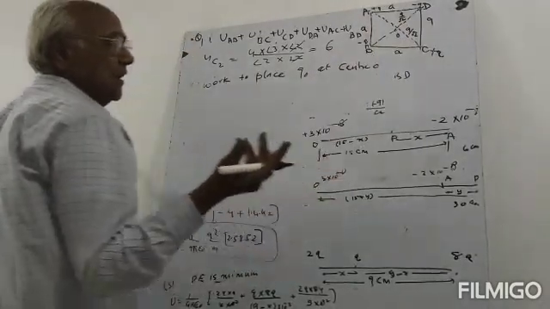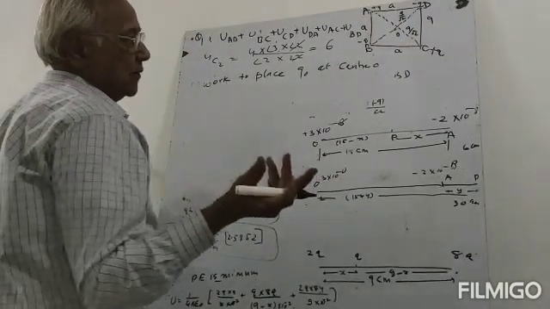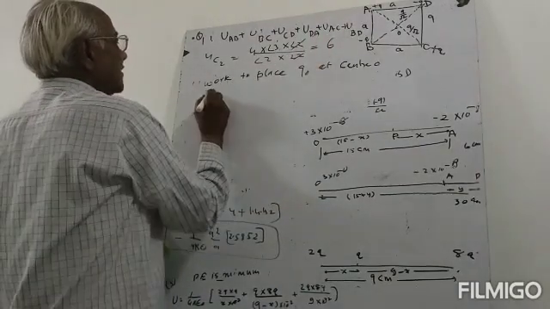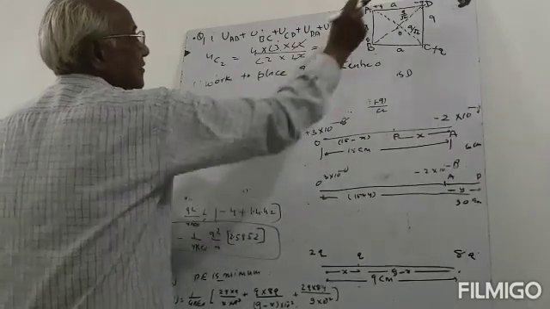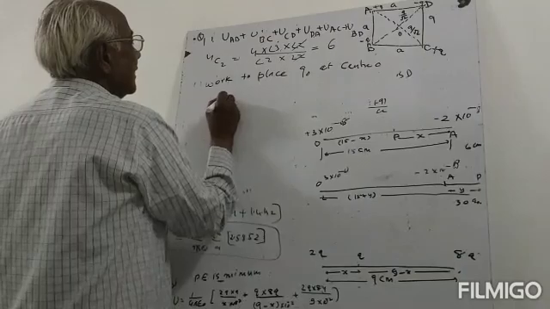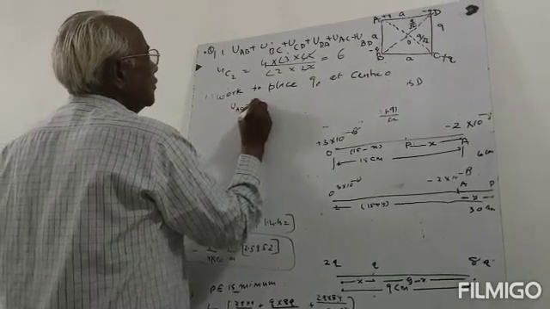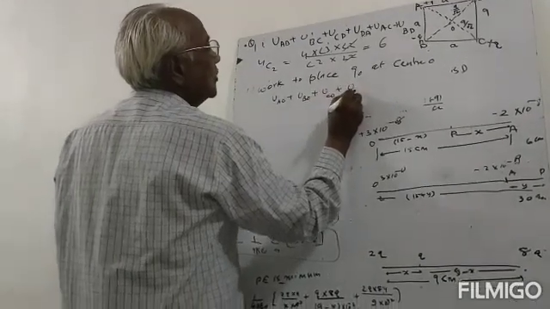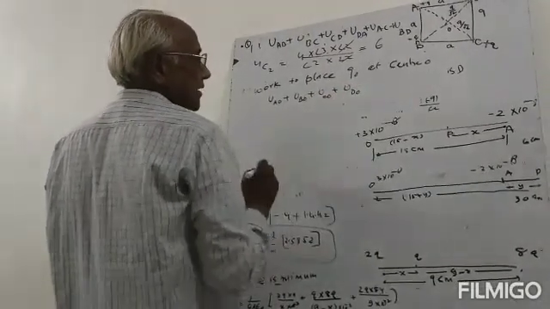Then you write that the work done will be equal to the potential energy. The potential energy U will be equal to U A0 plus U B0 plus U C0 plus U D0. This will be total U.